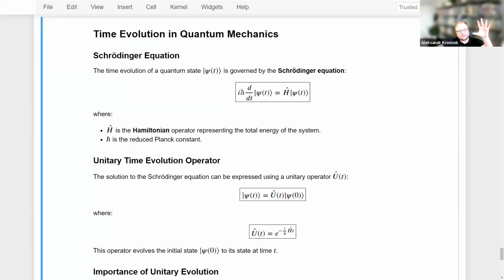So if you know the Hamiltonian for a given system, you can write down this Schrödinger equation, solve it, for example, numerically, and find the state vector at any time moment ever. So you will get the time evolution of your system.